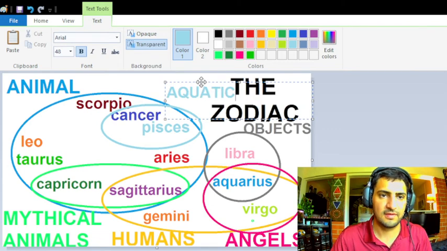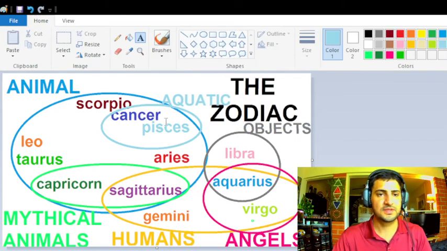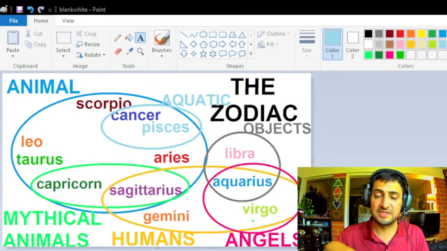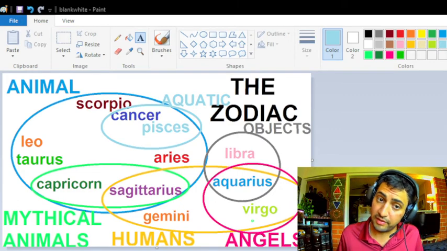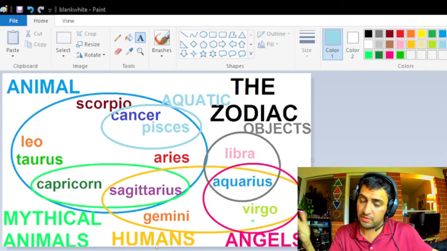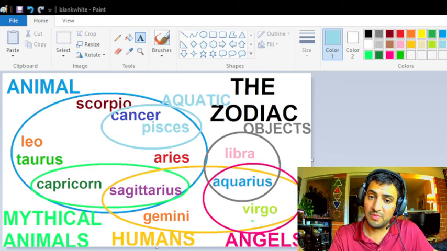Yeah, that fits there. Aquatic. So Cancer and Pisces are both. Well, okay, so this grouping, Scorpio, Cancer, Pisces, they're all the three water signs, but Cancer and Pisces are unique. They're unlike Scorpio. Cancer and Pisces are purely aquatic animals. So that kind of just fits with them being water signs, I guess.